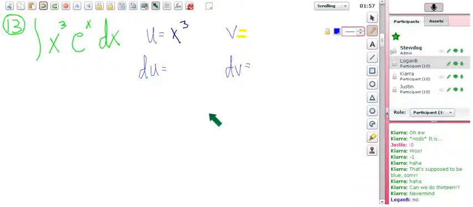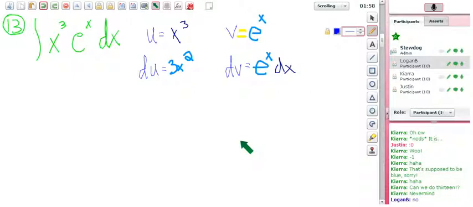Good, x to the third. So then, du would be what? Good. If x to the third is u, then dv has to be the rest. What's the rest? Alright, dx, good. And then the antiderivative of e to the x dx is just itself.